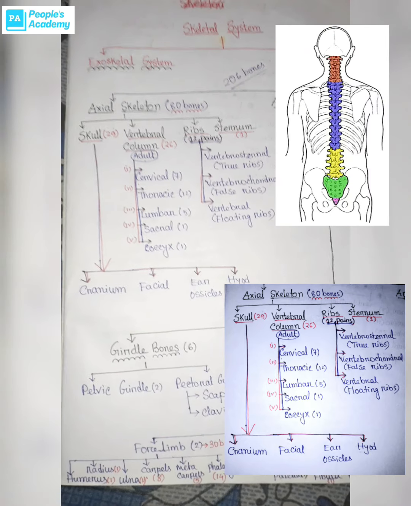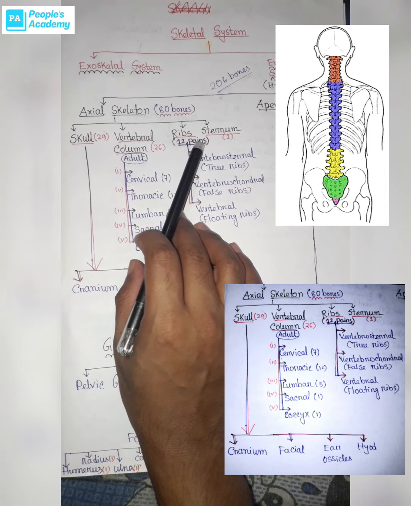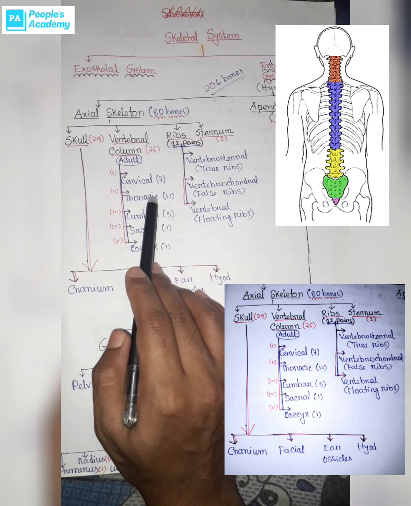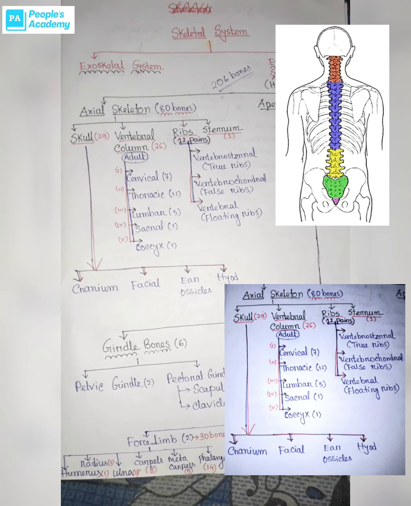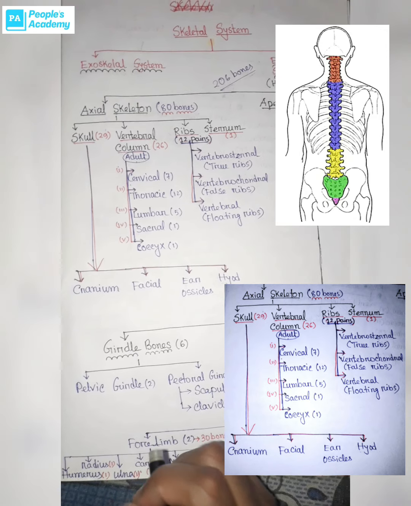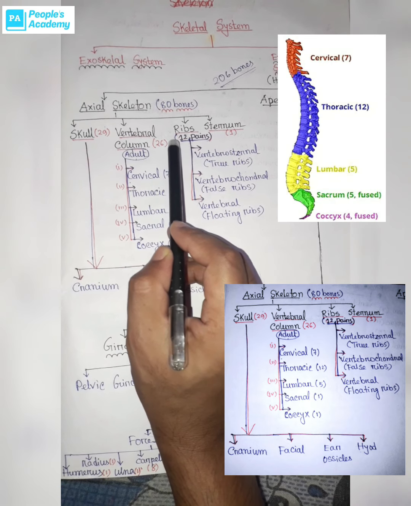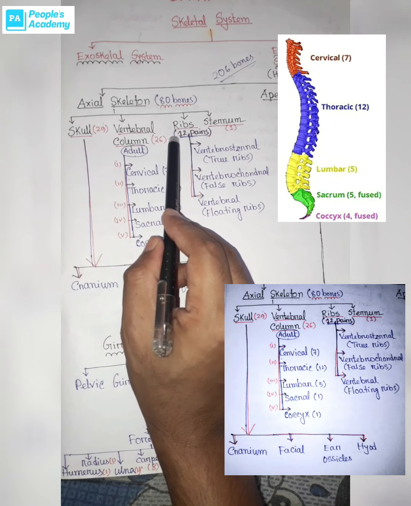Okay, so let's talk about the vertebral column, known as the backbone of our body. It lies in the mid-dorsal region of our neck and trunk, and is made up of a total of 26 serially arranged units known as vertebrae.